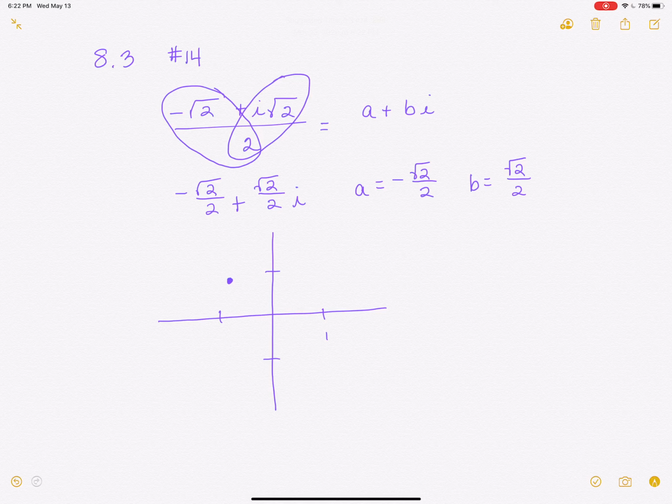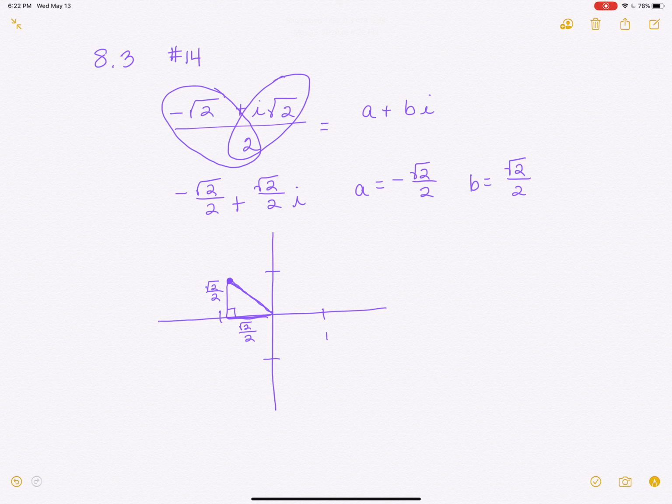Now, I want to find the modulus. So I'm looking for that length right there. Now, one thing you could do is, if you don't want to learn this formula, remember, you could just drop a triangle. We've got a right triangle. The length I went over, this would be the square root of 2 over 2. I went up the square root of 2 over 2.